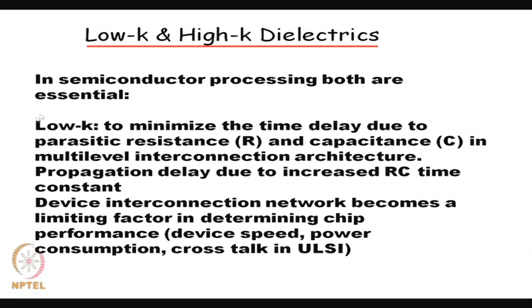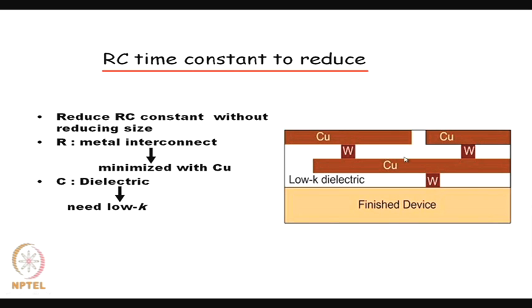why is this low K required? As discussed earlier, this low K is required to minimize the time delay in an interconnection architecture. If you consider this interconnection architecture, you can find that a large number of metal lines are connected, say in this case copper connected with tungsten to another copper.